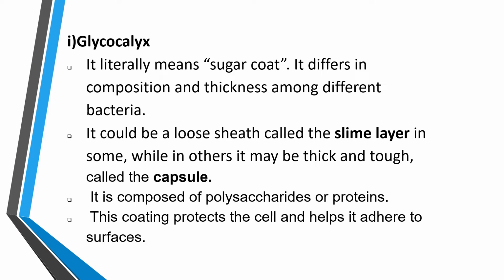It is simply called sugar coat, and it differs in its composition and thickness among different bacteria. Student, it could be loose sheath called the slime layer, and it may be thick and tough called the capsule.